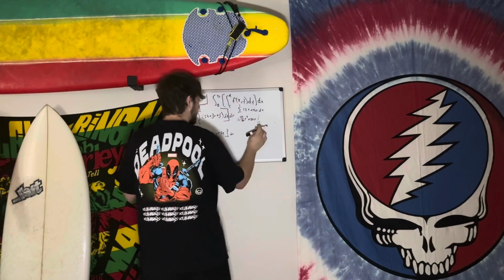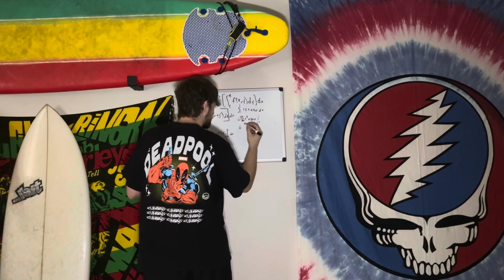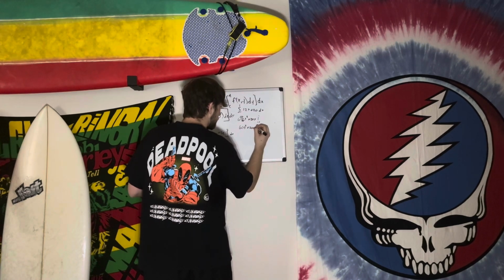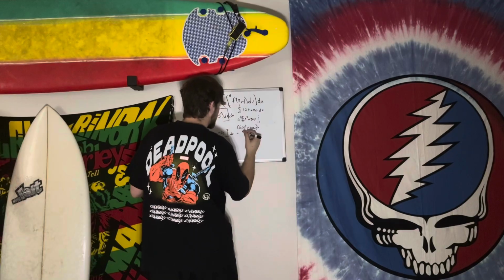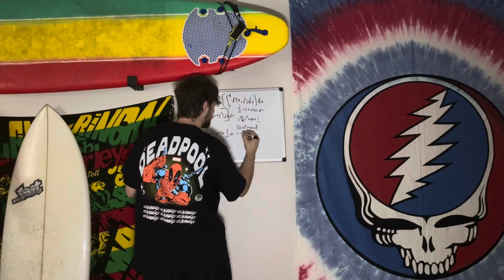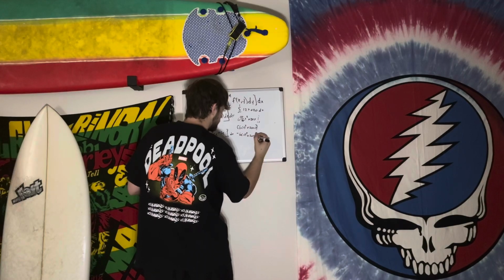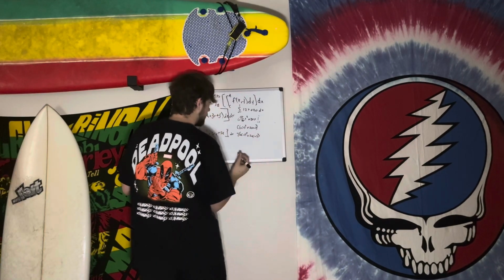So now we can just plug in our bounds, negative 1 to 1. So this is going to end up being 6 plus 20, all of this minus the second part, 6 times negative 1 squared plus 20 times negative 1.